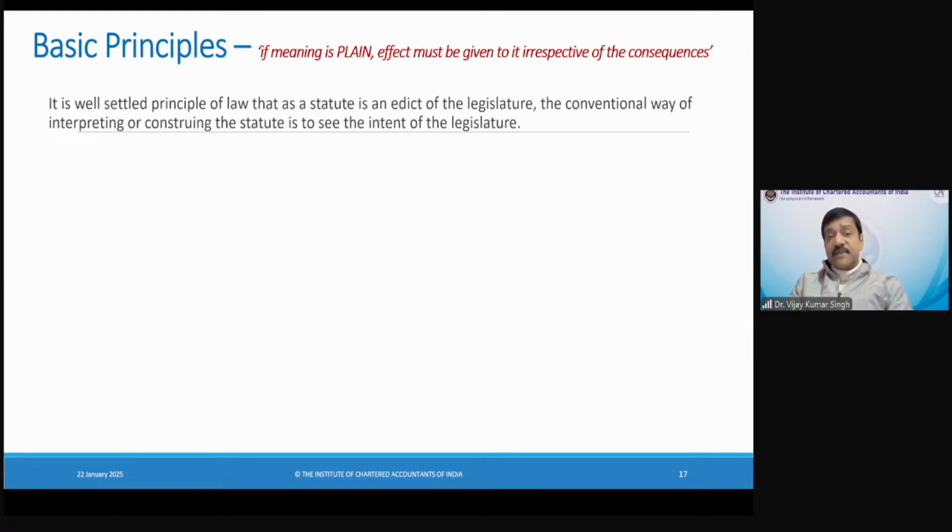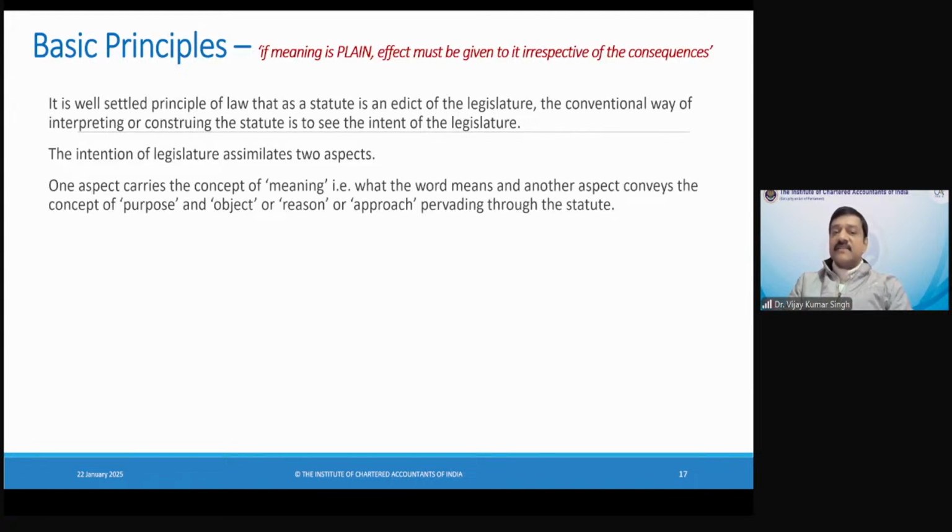It is a well settled principle of law that, as a statute is an edict of the legislature, the conventional way of construing a statute is to see the intent of the legislature. The intention of the legislature assimilates two aspects. One aspect carries the concept of meaning, that is, what the word means, and another aspect conveys the concept of purpose or object, or the reason or approach pervading through the statute.